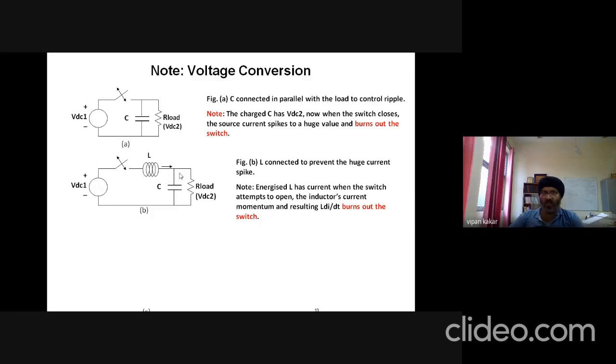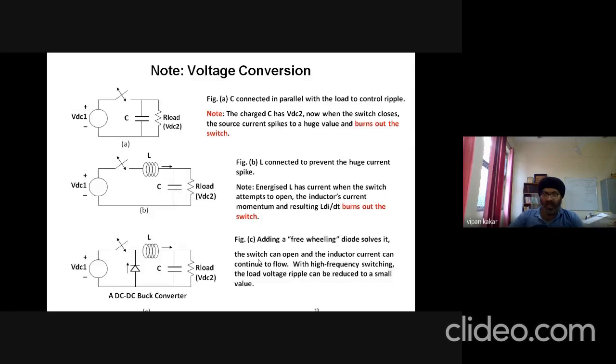So now we have to come for this remedy as well. That remedy is the inclusion of freewheeling diode. This freewheeling diode can save this switch when the switch tries to open. Now all these over voltages do not appear over here, because now the current will continue to flow here only.